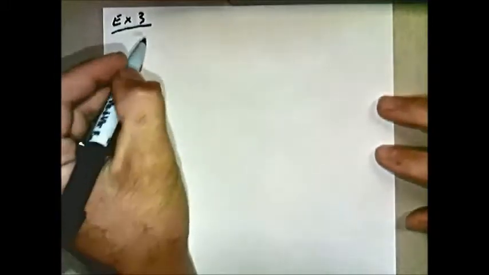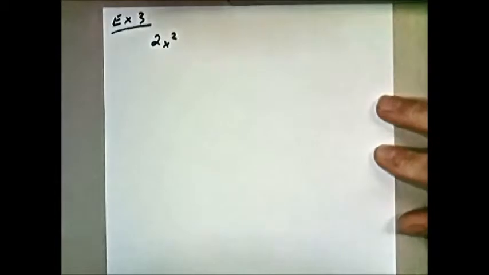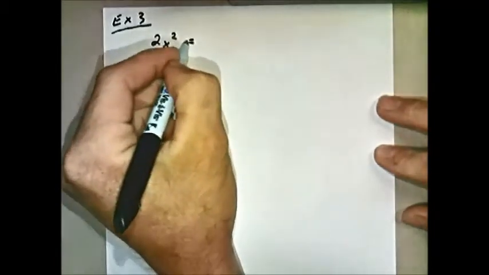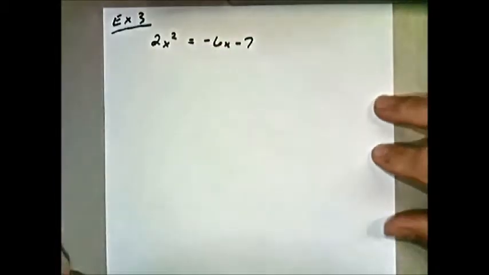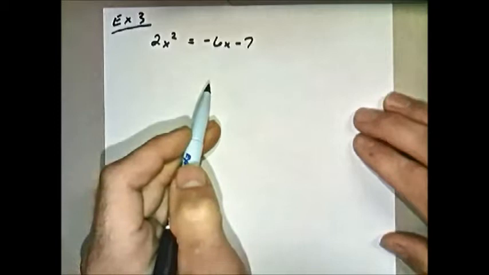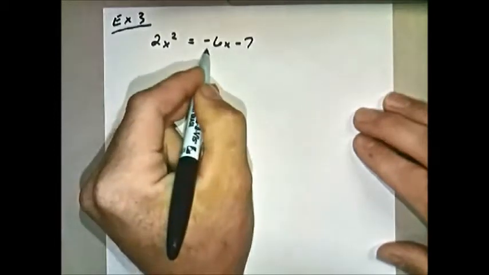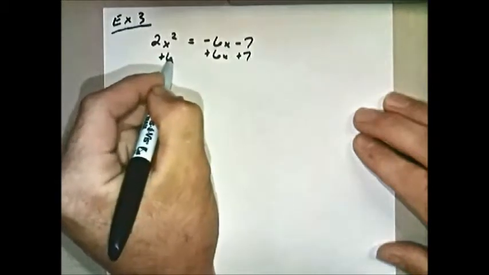In example 3, I want to take a look at a problem that's not equal to 0. So let's say 2x squared equals negative 6x minus 7. Since it's not equal to 0, we're going to have to go ahead and solve the equation for 0. So we're going to add 6x and we're going to add 7 to both sides.